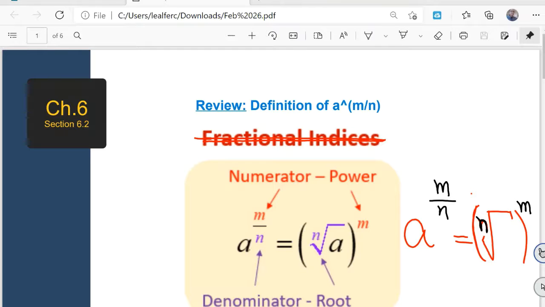Inside the root you're going to have the same base, say a. So you can rewrite, and from this point you can simplify. You can calculate the nth root of a, then after you find the result, calculate that result to the power of m, and you're going to be able to simplify the expression.